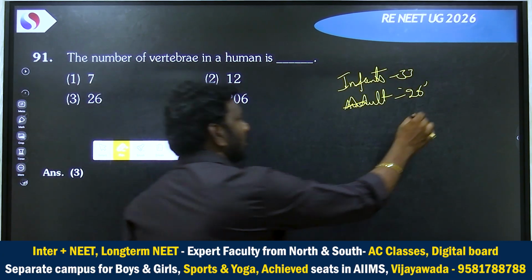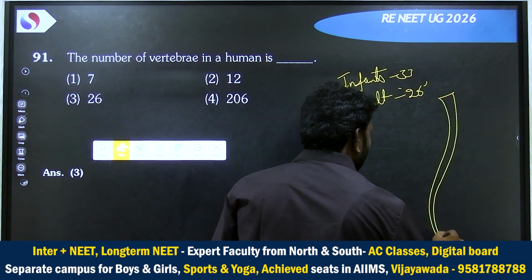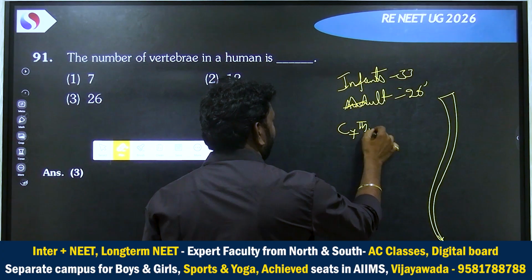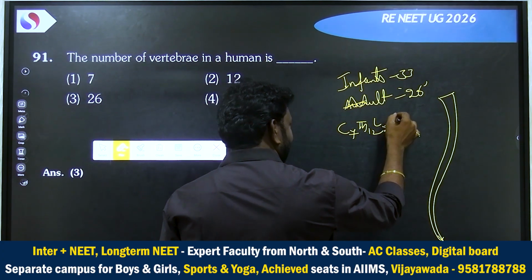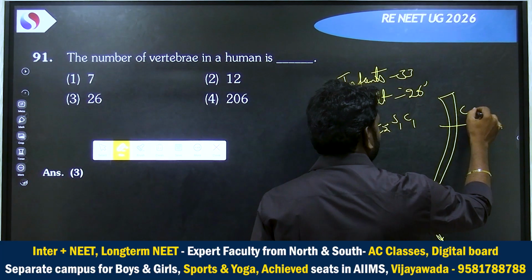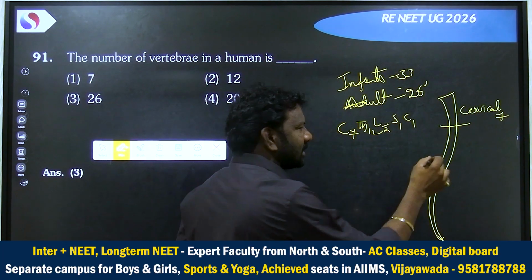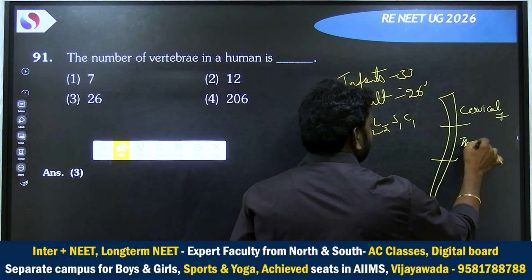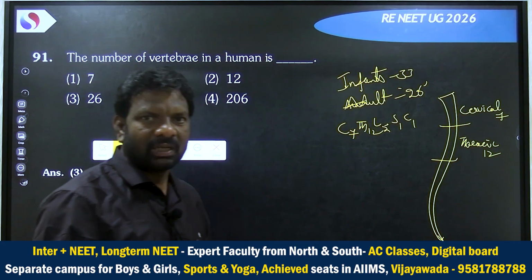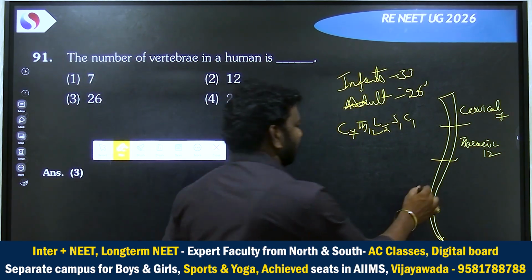When we look at the vertebral column, the formula is C7, T12, L5, S1 and C1. Cervical vertebrae are 7 in number in most mammals. Thoracic vertebrae are 12, providing space for attachment of 12 pairs of ribs.